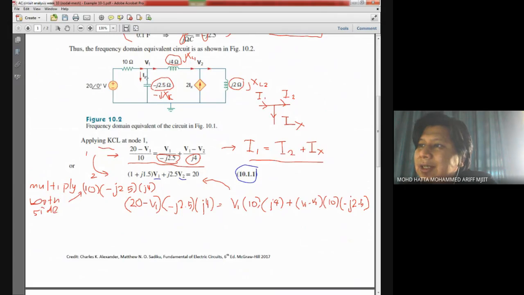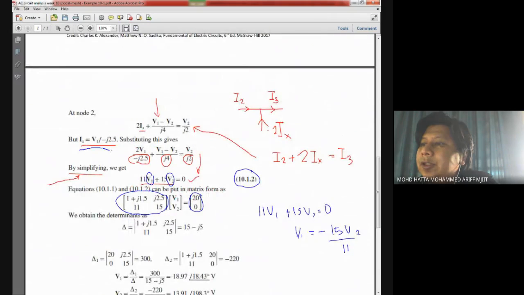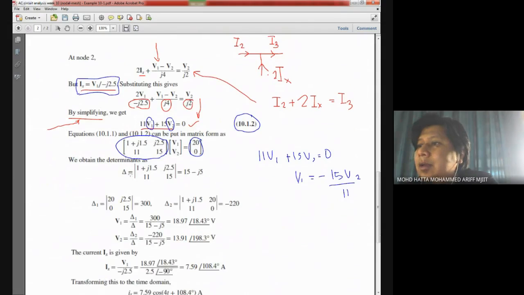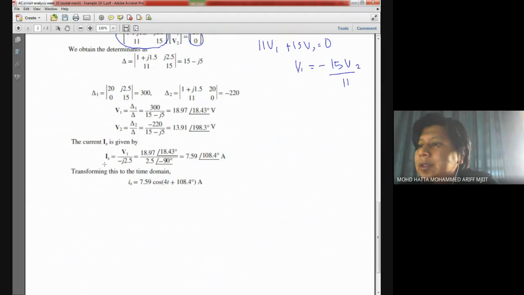So this current can be found if we solve this equation: Ix equals V1 divided by negative j2.5. And since we solved the V1 and V2 values, Ix can be easily calculated, and this is the answer for Ix.